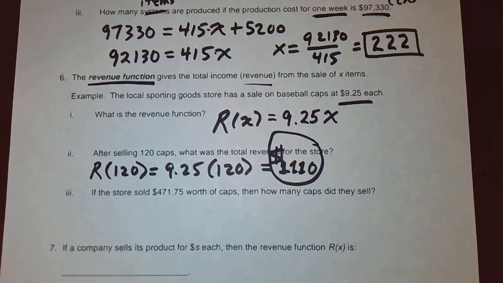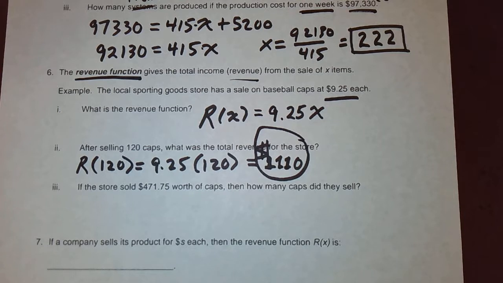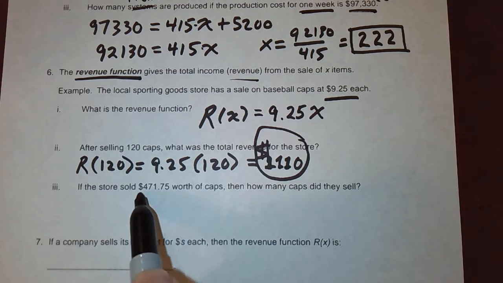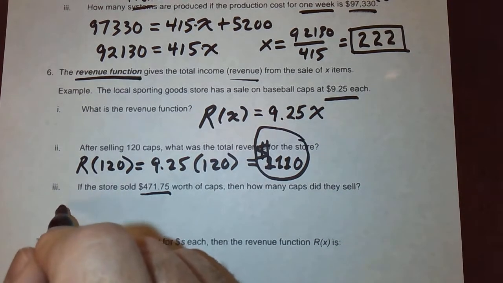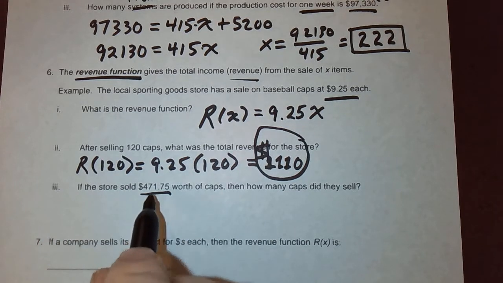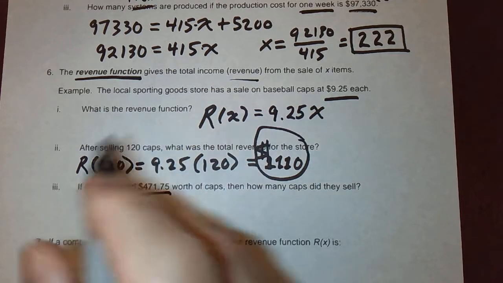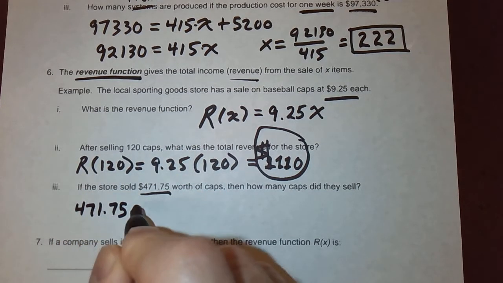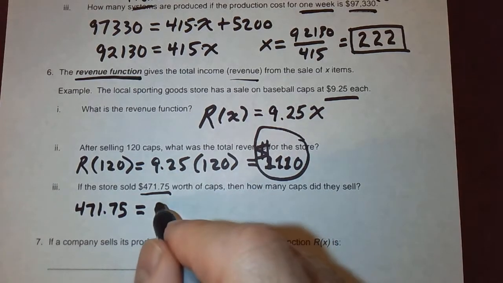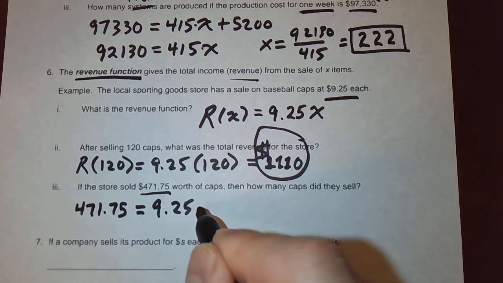And for the last part of this problem, if the store sold this much, $471.75 worth of caps, then how many caps did they sell? Well, we can use the same formula. R of x would be this number right here, that they're telling us. We'd have 471.75 equal to 9.25x.